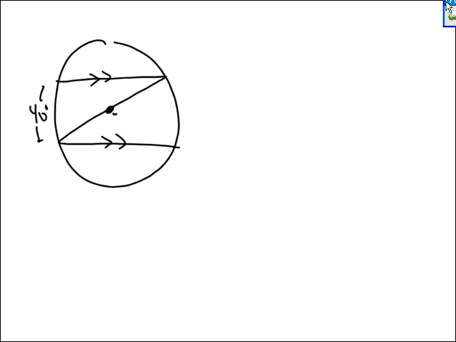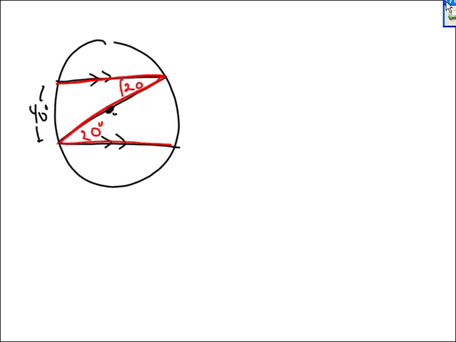Well, I have a 40 degrees arc. I look for the angle that cut it off. It's that angle. So this angle is half of 40. But the two lines are parallel. And here's my Z. This angle is the same.